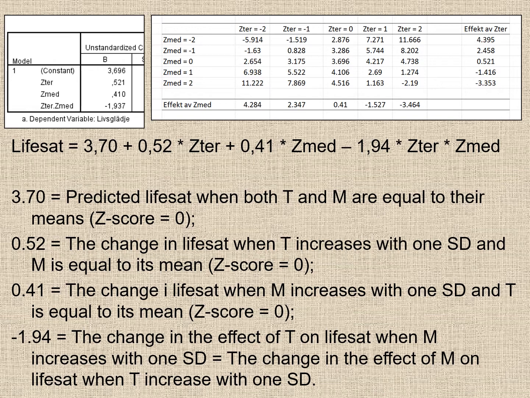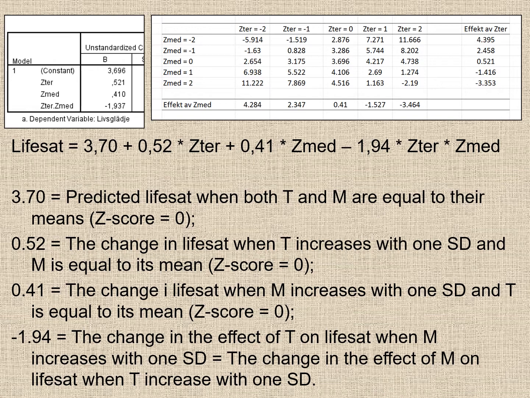It's exactly the same. Minus 1.94. So the interaction term, the coefficient for the interaction, stands for how much the effect of one of the predictors on the outcome variable changes when the other predictor increases by 1. That's what the coefficient for the interaction term stands for.